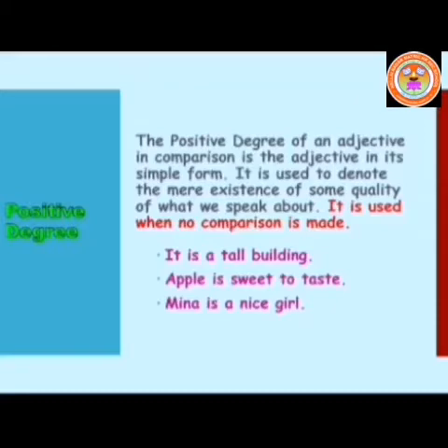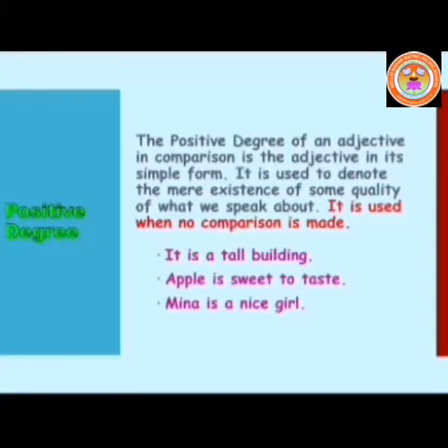The same thing only here also. Some quality of what we speak about, something, the quality we will be talking about. See the example. Before that, it is used when no comparison is made. So the positive degree will be used in the case of no comparisons.